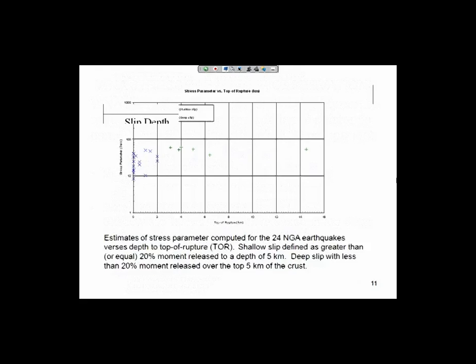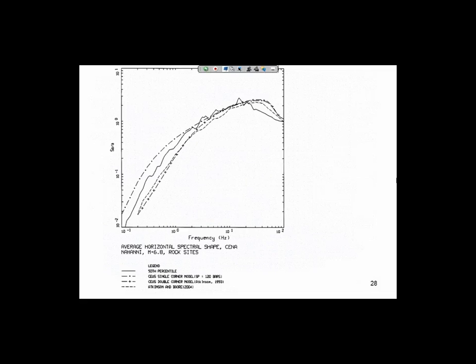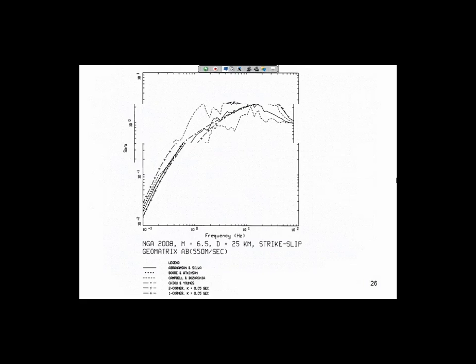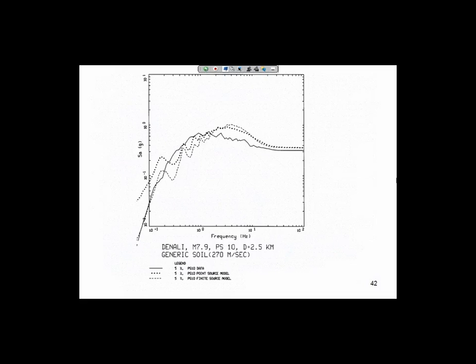Because conceptually you think point source and big earthquakes don't fit together, yet I think what you were showing earlier, or even later in the comparisons to the NGA model, they worked quite well at the longer periods. And there you've got big earthquakes, right? This is a big earthquake, enclosed.